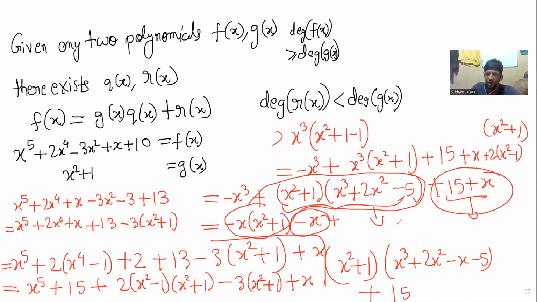Okay. So what have I done? I made a mess, but I've written this thing. This was the original polynomial. I've written this polynomial by just taking away pieces of x squared plus 1 as much as I could, in this form.